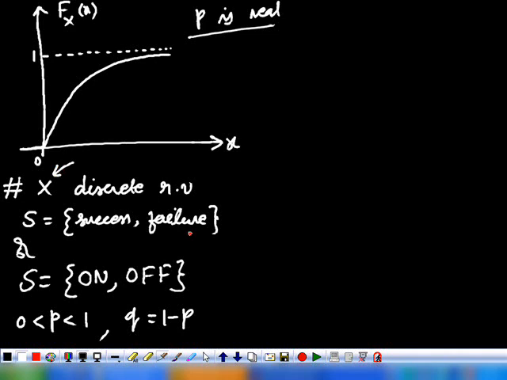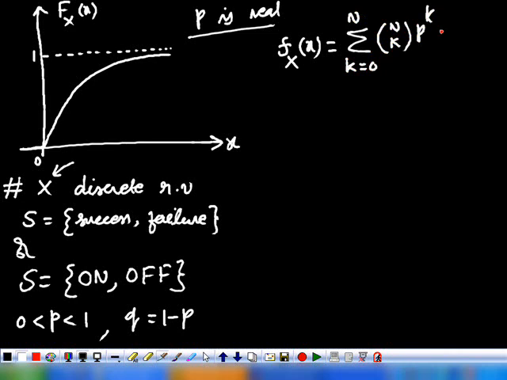So here X is a discrete random variable, and if fx of X is the density function, then for this particular random variable X, this can be written as the sum for k equivalent to 0 to n, n choose k, P power k, Q power n minus k, times u of.